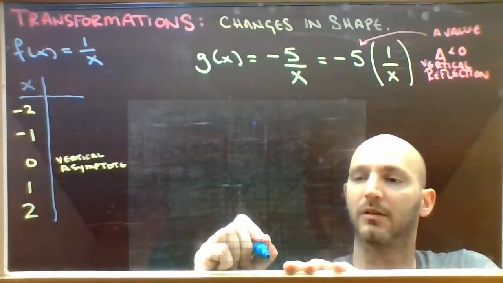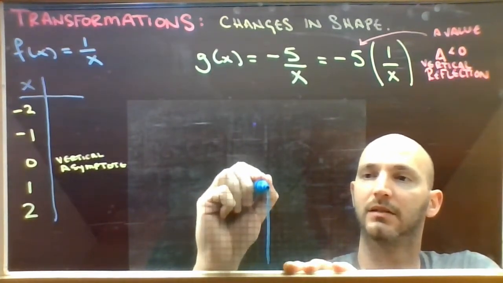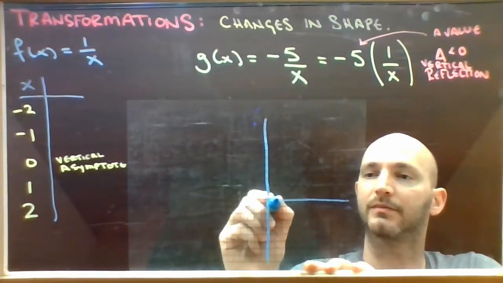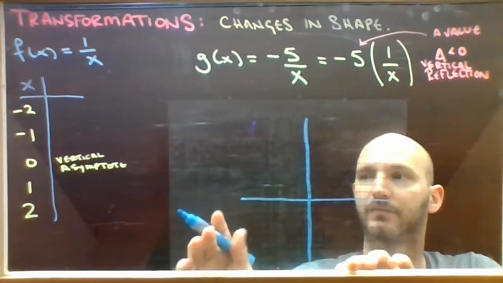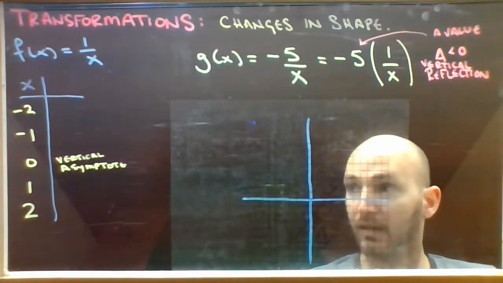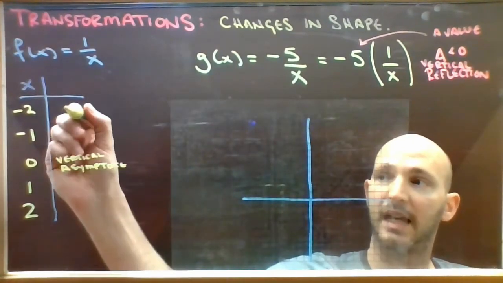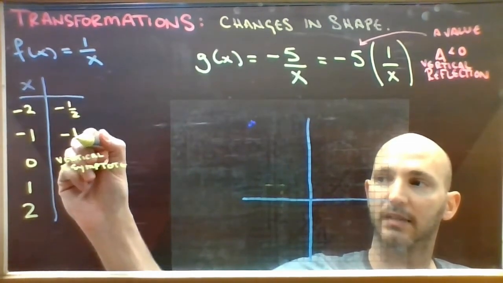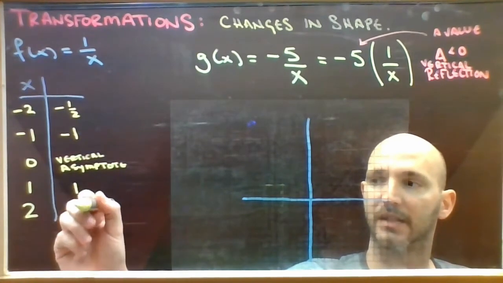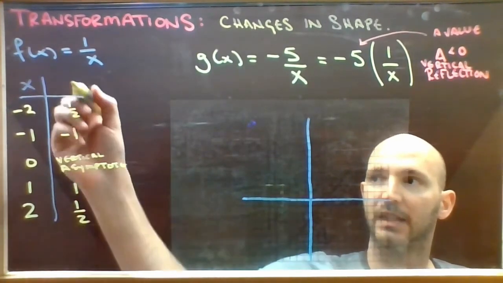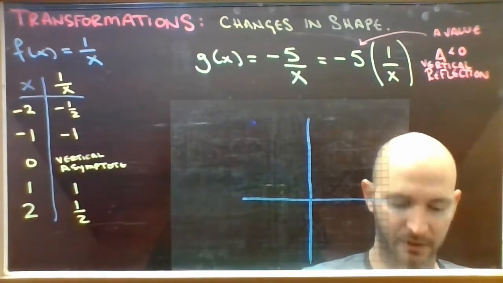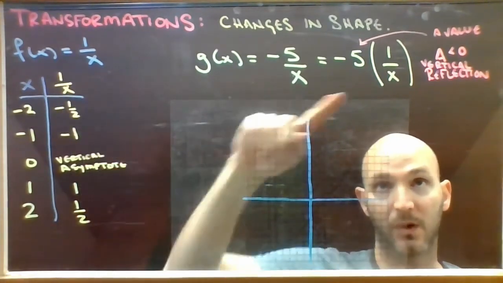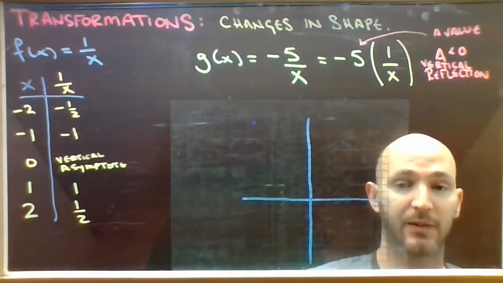And plot on my axis. So this one used to be at -1/2, this used to be at -1, this used to be at 1, and this used to be at 1/2. That's 1 over the x value. What I'm trying to sketch is these numbers, 1 over x, but multiplied by -5.